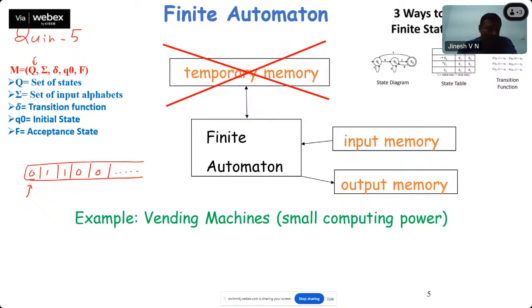It exactly matches our automata concept. That is how automata machines can be used to represent computing systems.